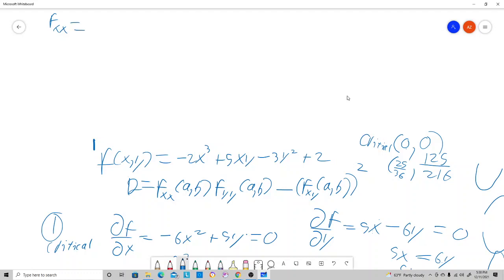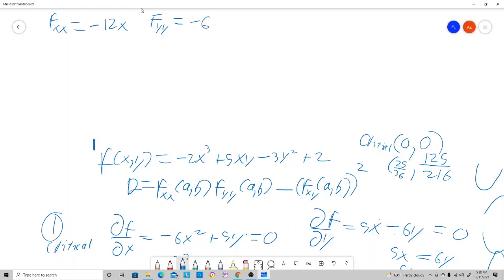For fxx, we already have this one, so we can take it with respect to x again. That's going to be negative 12x. And then our fyy, if we see it right here, is going to be negative 6.